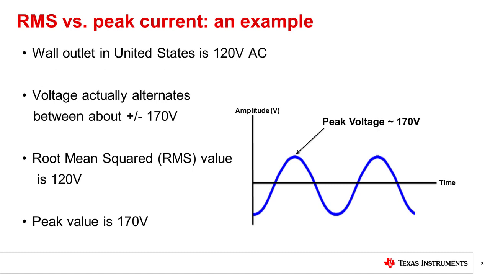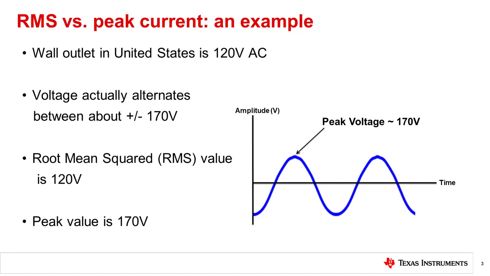To start off, let us look at an example that may help in understanding the concept of peak versus root mean squared current, also known as RMS current. Many people are aware that most outlets around the house in the United States are 120 volts AC. This does not mean that the maximum voltage is 120 volts.